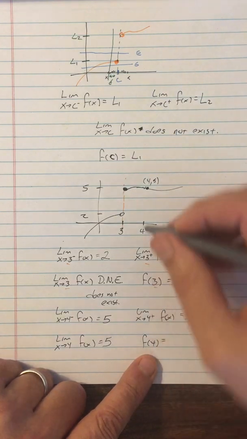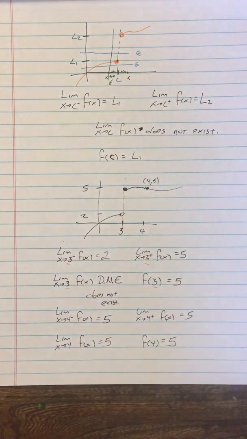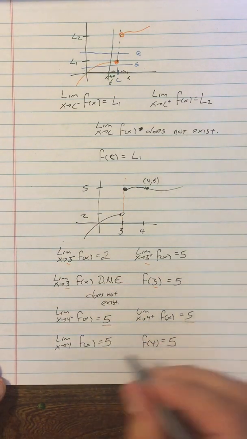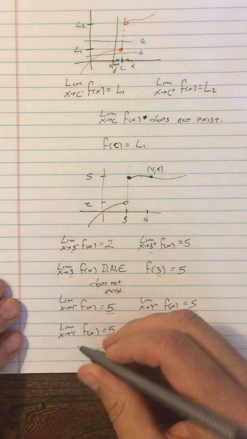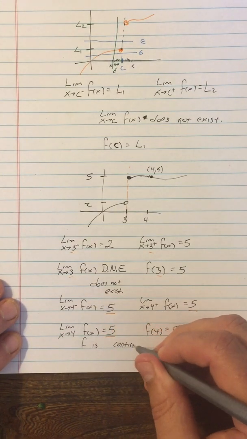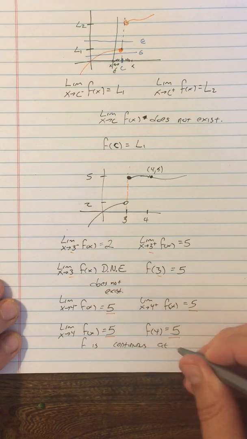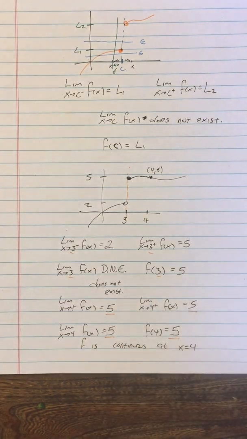Now, it also happens that f of 4 is 5. So a very special magical thing happens when all the limits and the function value are the same. We're going to get to more of this later. We're going to say f is continuous at x equals 4. But f is not continuous at x equals 3. Okay, so more about this later.